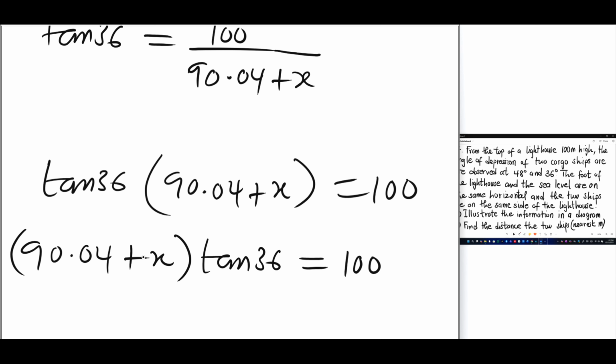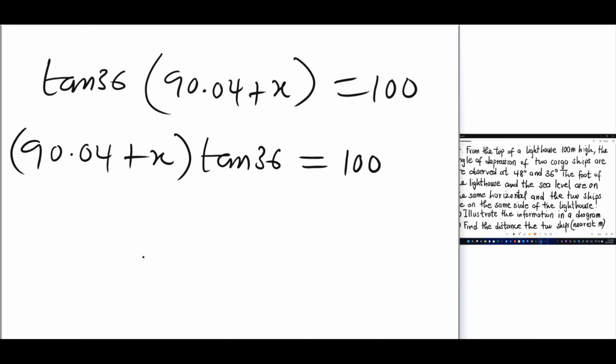All right. So we are going to expand the bracket with tan 36. So let's find tan 36 first. So tan 36 is 0.73.